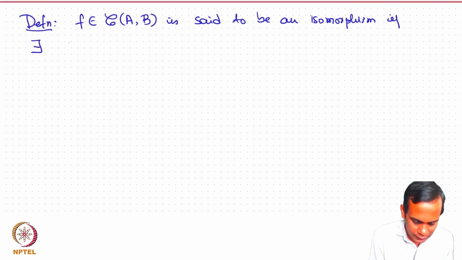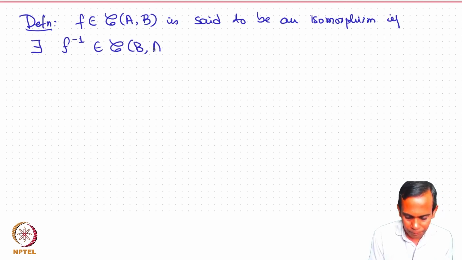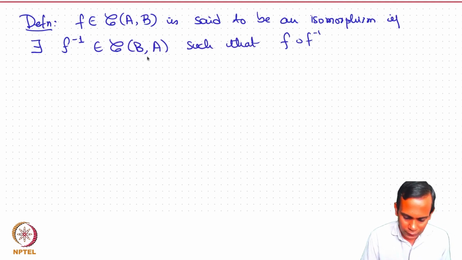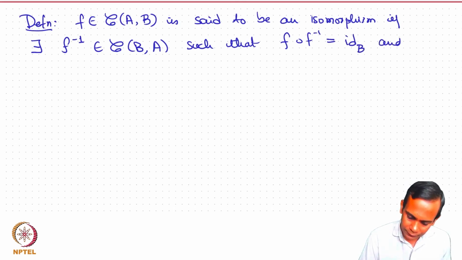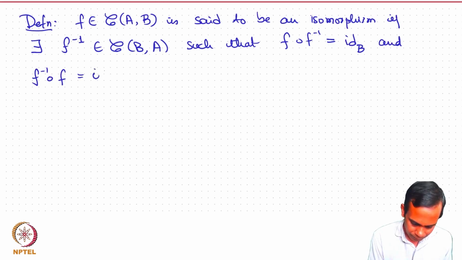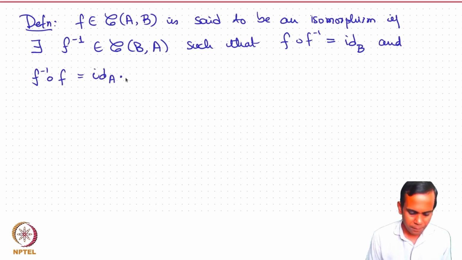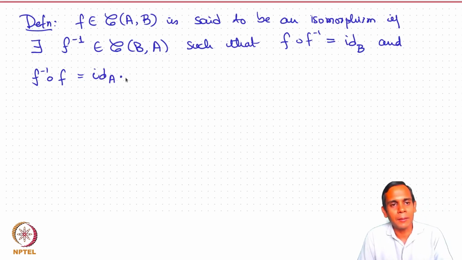So if there exists an arrow f inverse from B to A such that f circle f inverse is the identity arrow of B, and f inverse circle f is the identity arrow of A. So this is a much more intuitive definition.